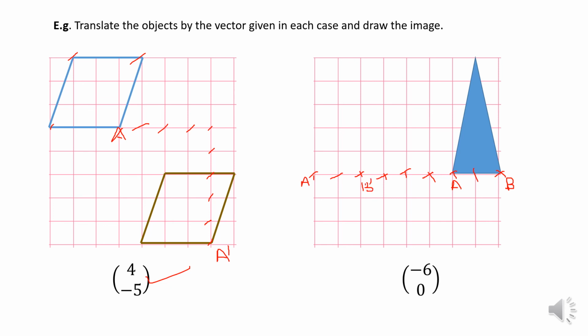Okay, and as you can see, if this is C, then it's 1, 2, 3, 4, 5, 6. So our C will really be up there. Then you can now join your shape. Okay, you join your shape, and that is where you expect that new shape to be. All right, so you can do that once you have everything.